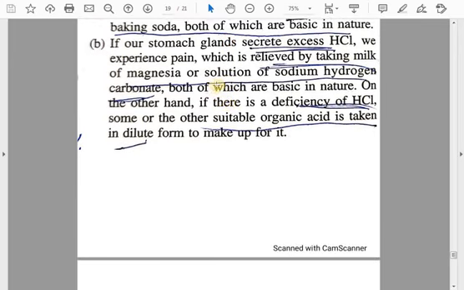If in our stomach there is an excessive secretion of HCl and we experience pain, generally in case of ulcer etc., that can be relieved by milk of magnesia or a solution of sodium hydrogen carbonate, which are basic in nature. If there is a deficiency of HCl, some suitable organic acid can be taken in dilute form to make up for it.